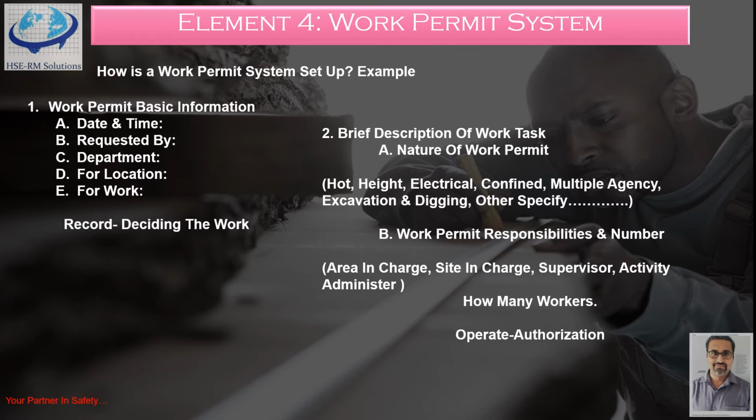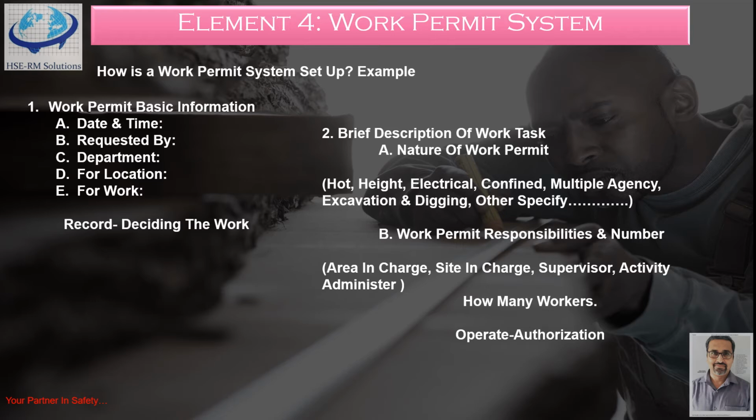So now we have defined the permit based on the nature of work. If you are going to work at height and perform hot work, two ticks are going to be there. If you are going to work at height and perform electrical work, two ticks. If you are going to work in a confined space and also perform a hot task, both are to be ticked.